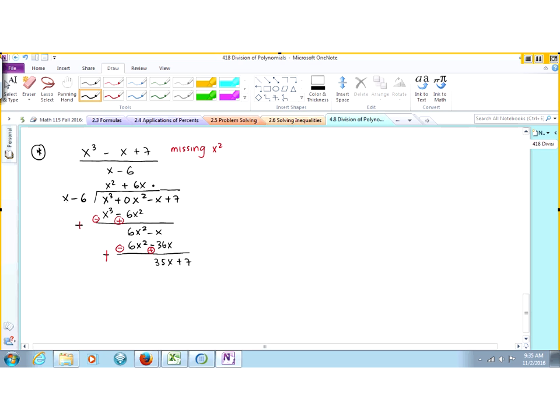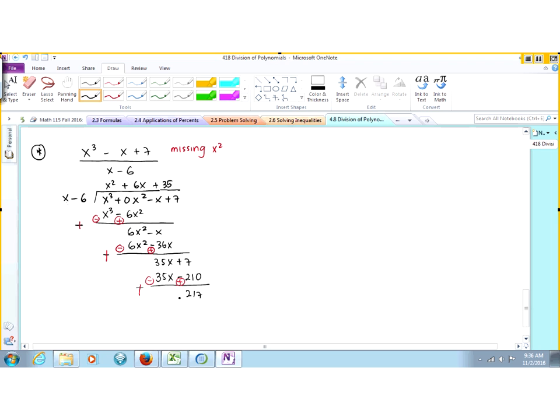Now what? 35x divided by x, so that is 35. So 35 times x minus 6. 35x minus 210? Yes. All right. Then we subtract. So instead of subtracting, we add with the opposite.